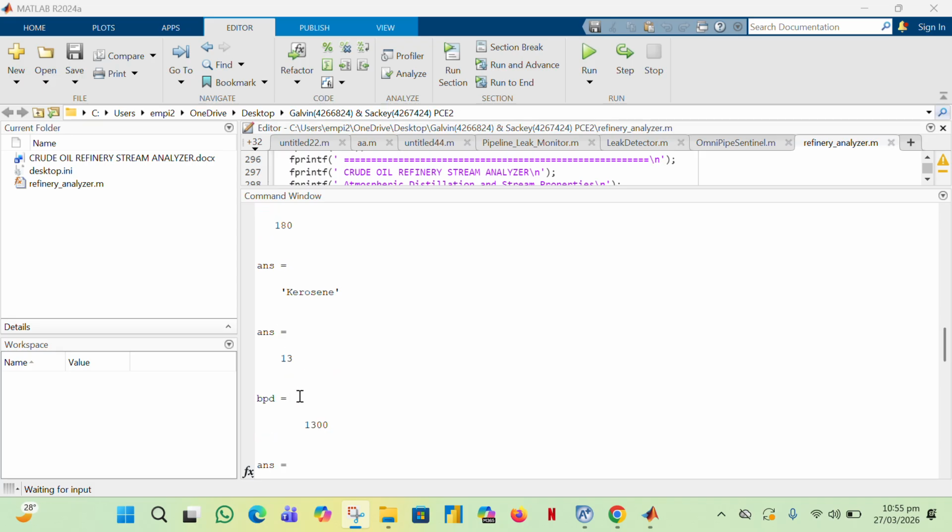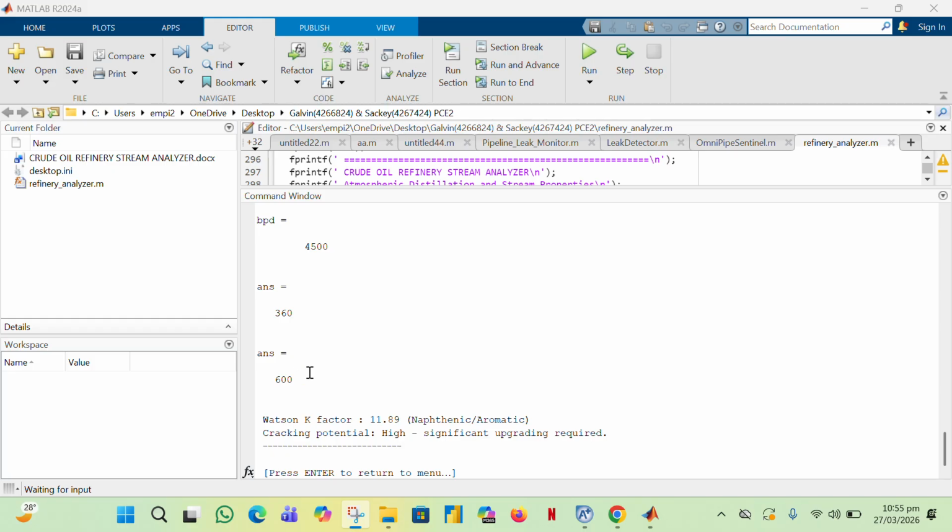And for kerosene, you get 13% of kerosene. For diesel, you get 20% of diesel. And for the residue, you get 45%. And it also gives you your Watson K factor, which is 11.89.